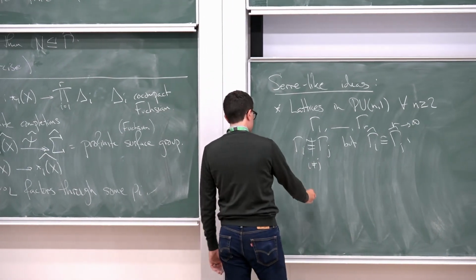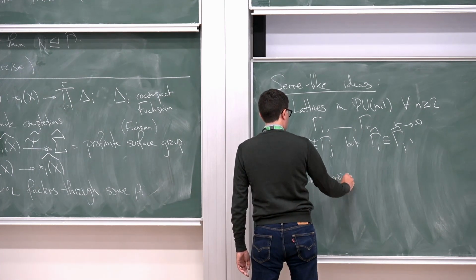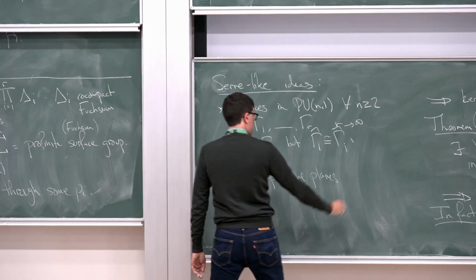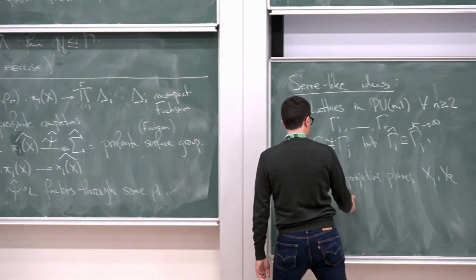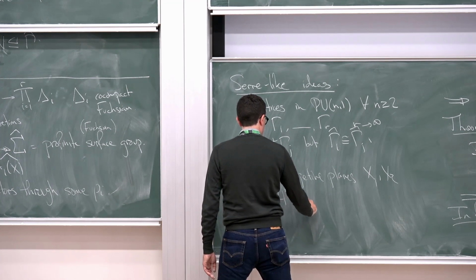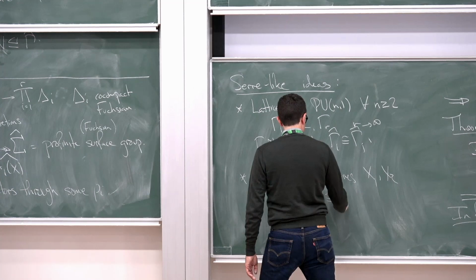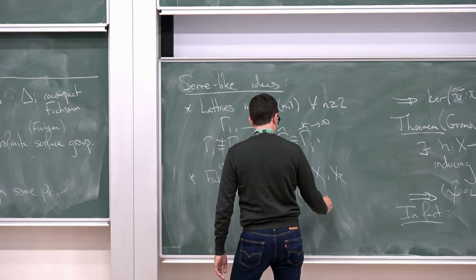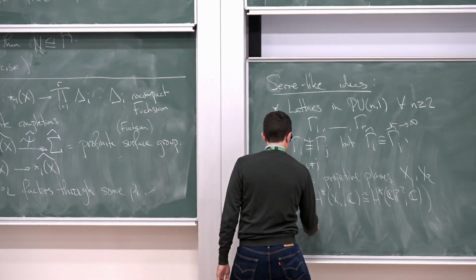My favorite examples are fake projective planes, X1 and X2. So this just means that the complex cohomology is isomorphic to that of CP2.